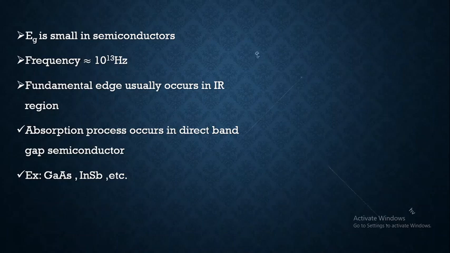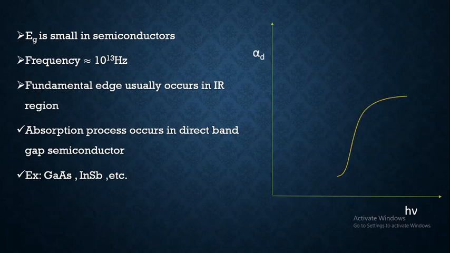So if you take the example of gallium arsenide and plot a graph of absorption coefficient as a function of photon energy h nu, you can observe a graph similar to the characteristic graph which we have seen. At different temperatures we can study, but the nature is going to remain the same.